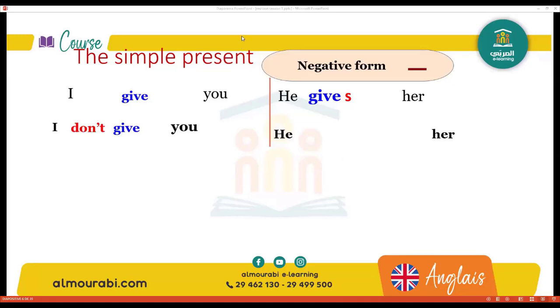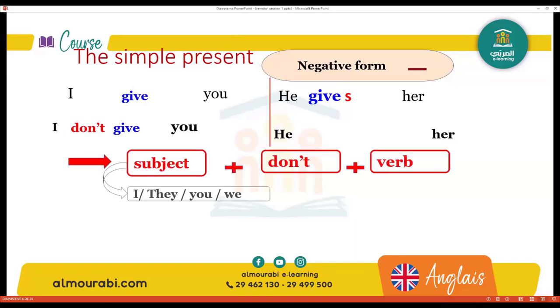So can we add s to the verb give? No, of course, because here we have the auxiliary, don't. We conjugated it to be in accordance with he and she and it, and it becomes doesn't give her, okay?